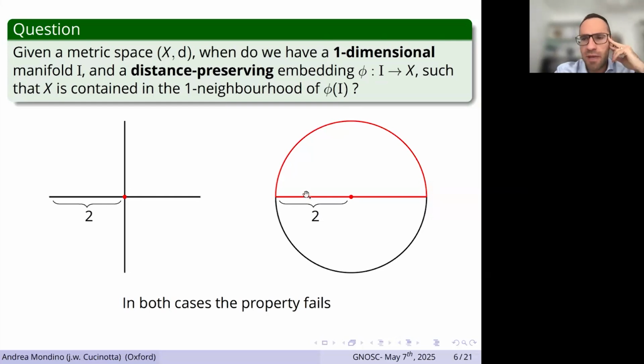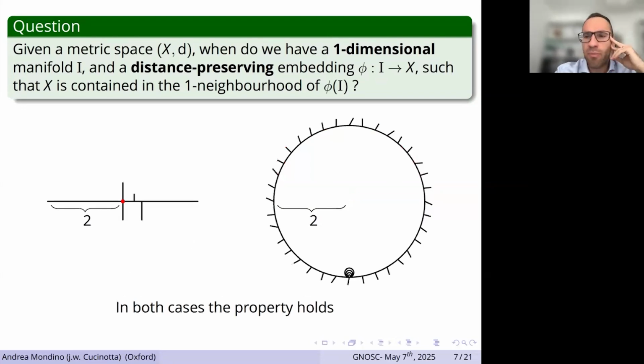The only non-trivial case is maybe when you have the embedding of an S1. This could be embedded as the full circle, but then the center of the circle is at distance 2, so it's not distance 1, or you embed it in this red part, but then you have this lower part where you have a point at distance bigger than 1. So these are two basic examples where the property fails.